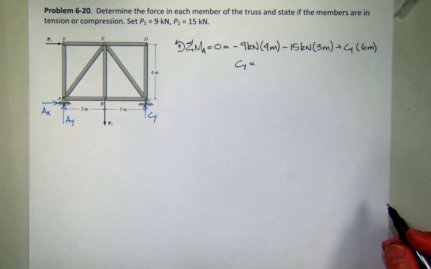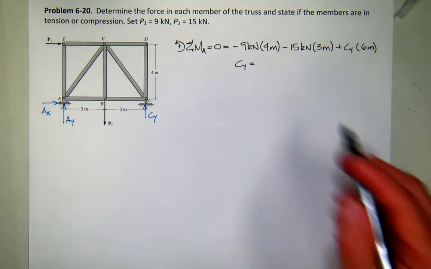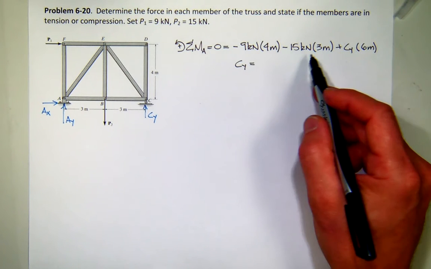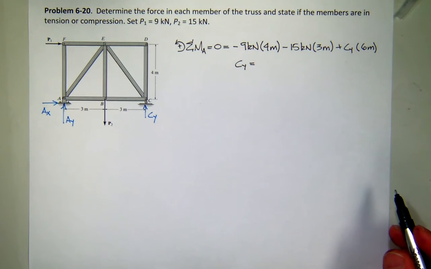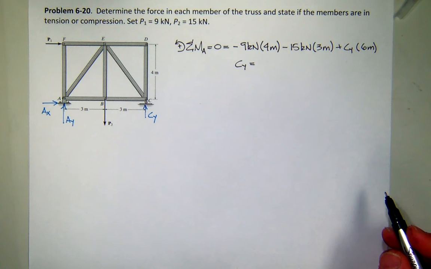So what is that? I don't know what that is. Somebody help me with that. This is 36 and this is 45. Add those together, you get some odd number divided by 6. Mr. Coleman, what'd you get? 13.5.